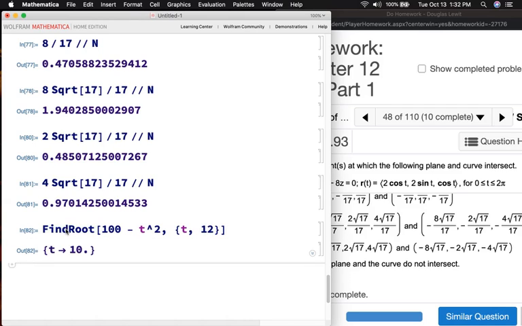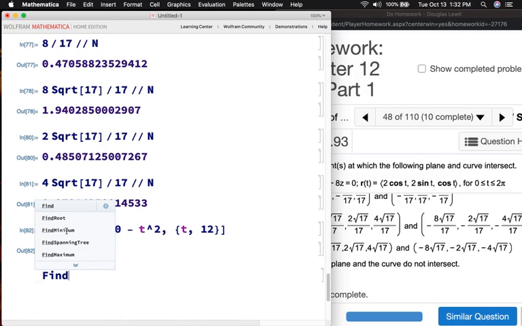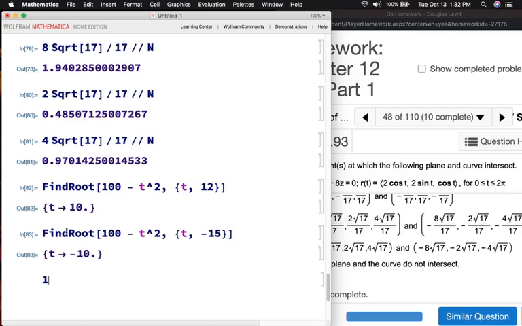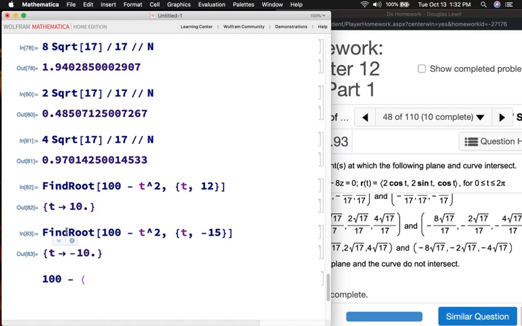We know 100 minus 10 squared is equal to 0. FindRoot of 100 minus t squared. This time we'll use a different initial guess. How about negative 15? We know 100 minus negative 10 squared is also equal to 0. So the roots of 100 minus t squared are 10 and negative 10. Those are the two roots.